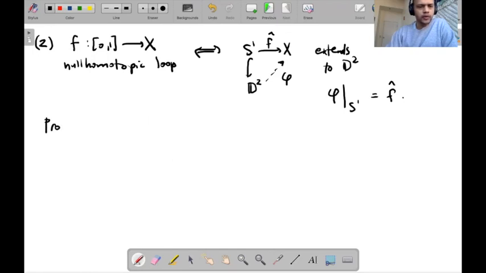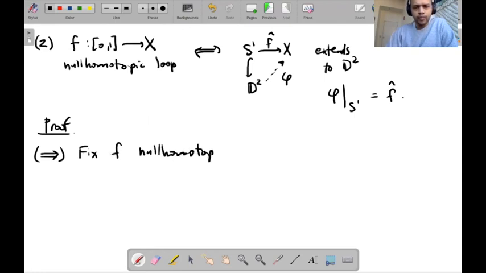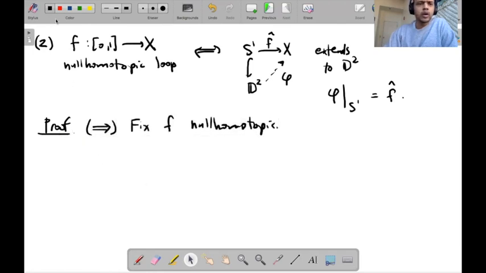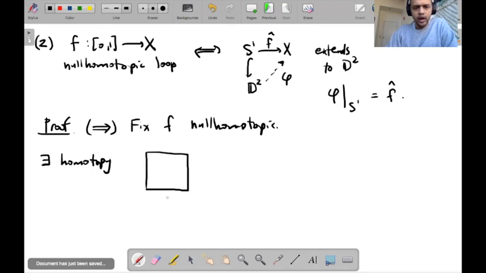Okay, so proof. Let's first do the forward direction. So let's fix f null homotopic. So then that means there exists a homotopy, which we can picture like this.